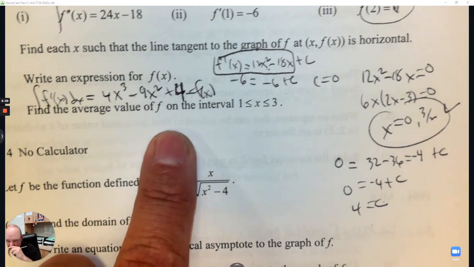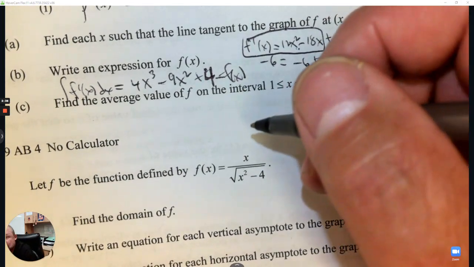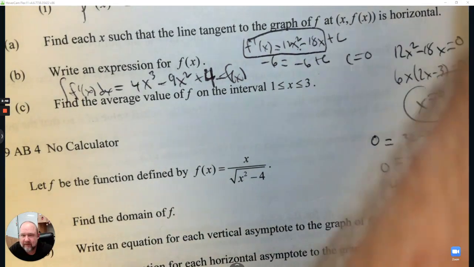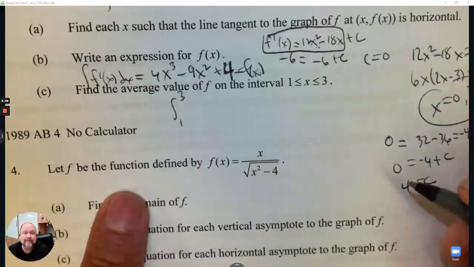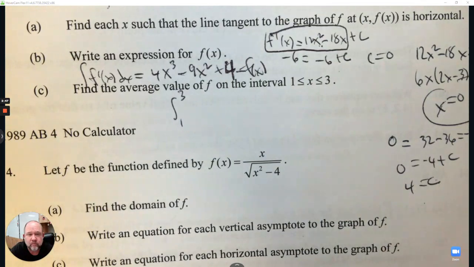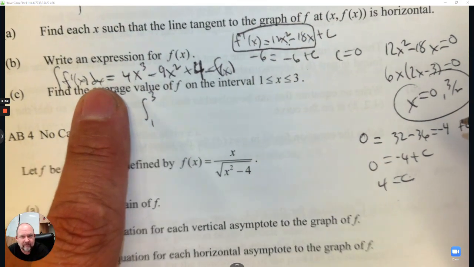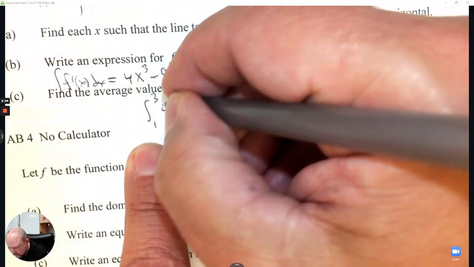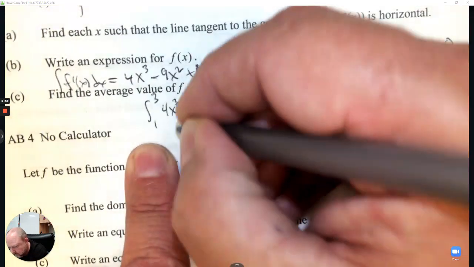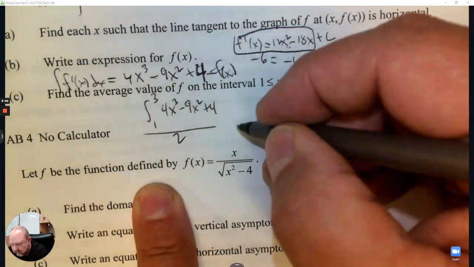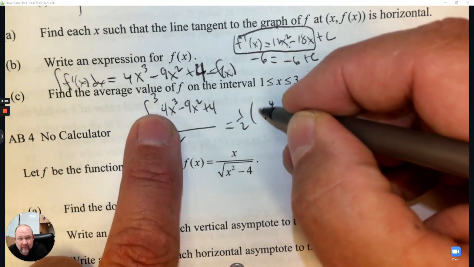We integrated, we plugged in the point. Average value is an integration question. I'm going to sneeze. Excuse me. Oh, you can't even see my face. Awful. All right. So we're going to integrate from 1 to 3 of f of x, which we said is 4x cubed. And divided by the difference there, which is 2, so it's 1/2 in front. Again, we're going to add 1 to the exponent. 4 divided by 4 is 1.